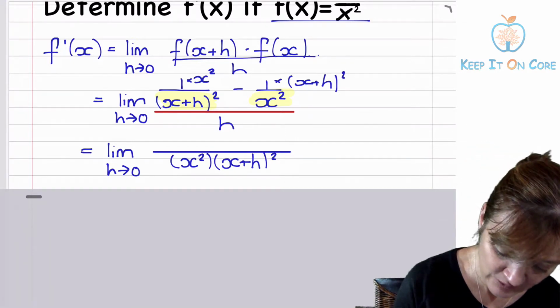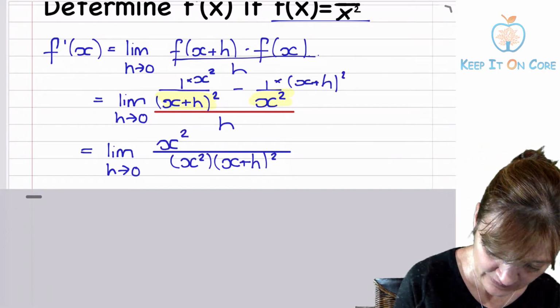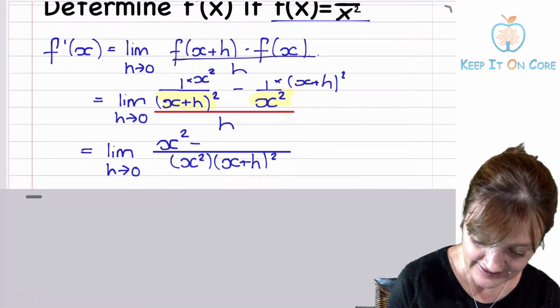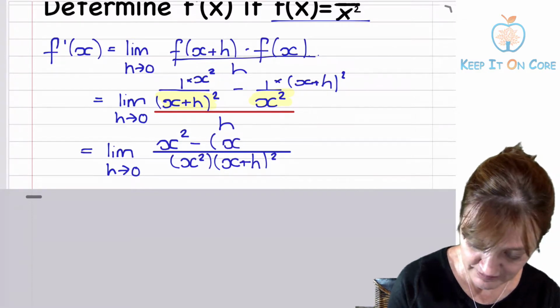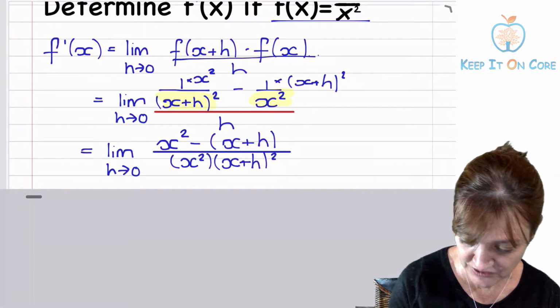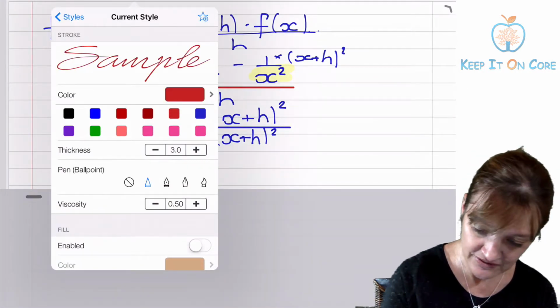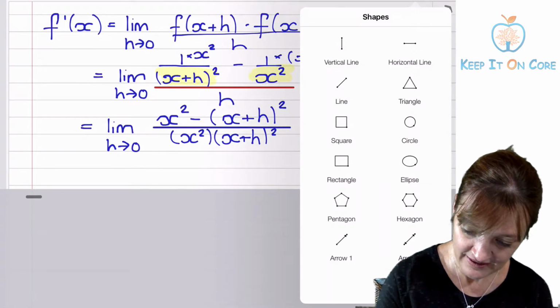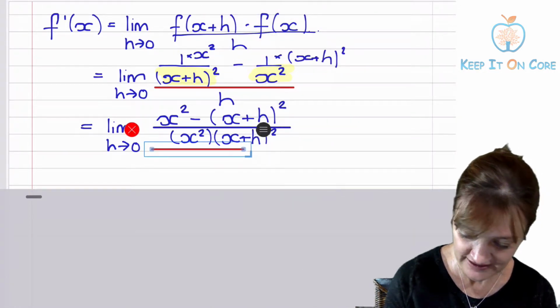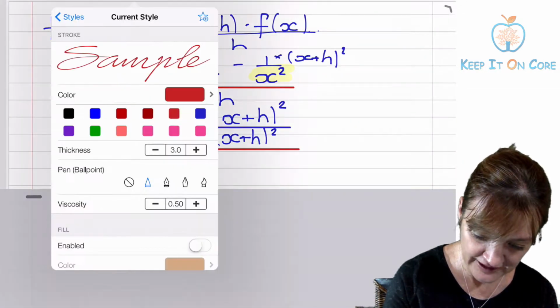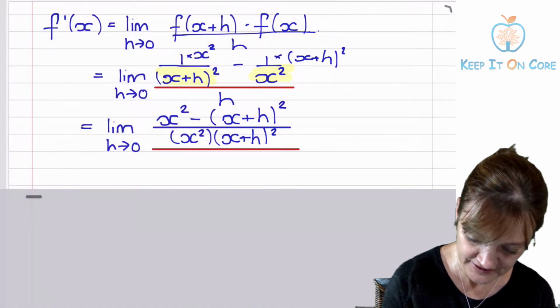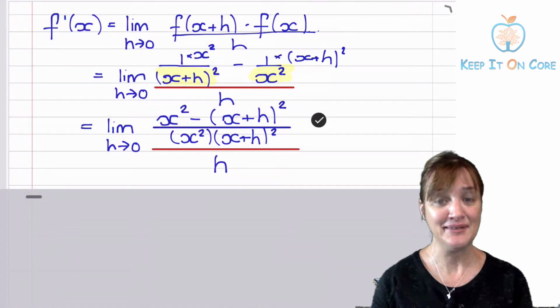So 1 times x squared is just x squared, minus 1 times x plus h all squared, and it is all over the h underneath it. So there's your fraction of a fraction part of it, which sets it out neatly.